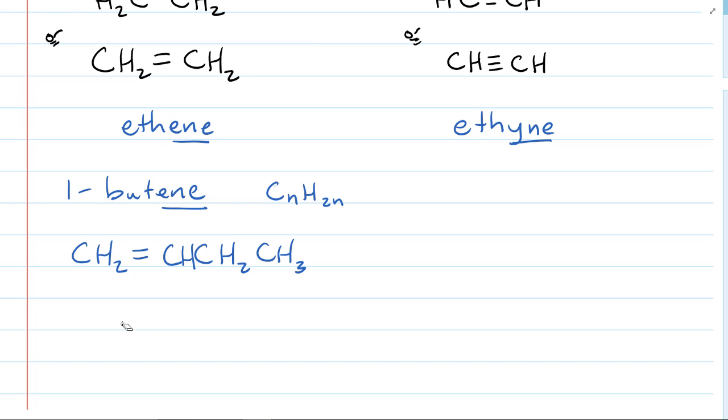If you look at this one here, we'd see that this orientation has these two groups on sides that are opposite of each other. If we look at this one here, we see that these two groups are on the same side of this double bond. Now, the reason why these are different from each other is that there's one feature of double bonds that is different than single bonds.